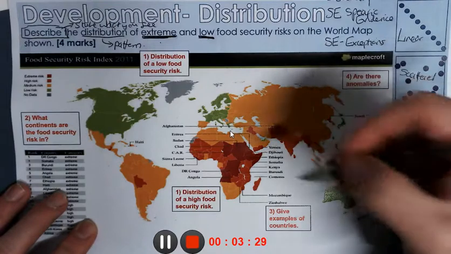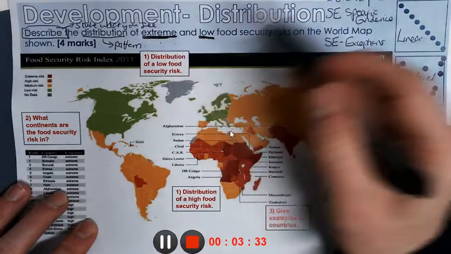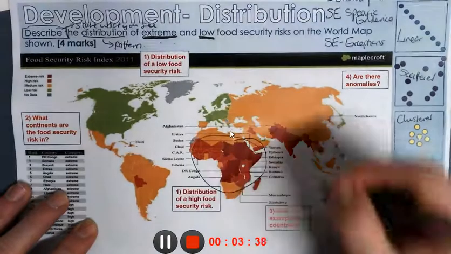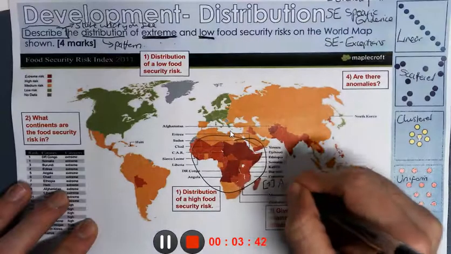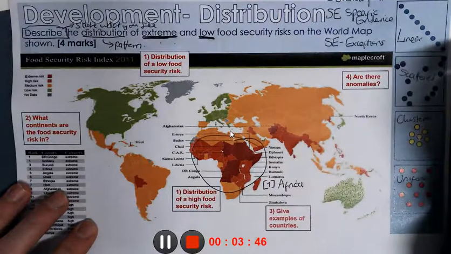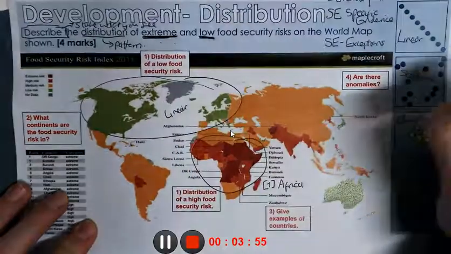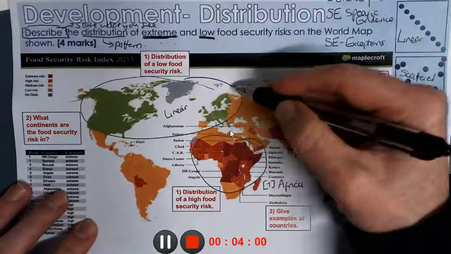So we are looking at the distribution of extreme risk for our GC, our first mark. Here you could talk about clustered to the continent of Africa. In terms of low food risk, you can talk about linear across 2 continents in a line.